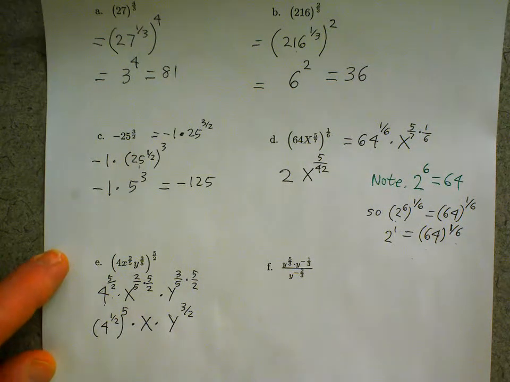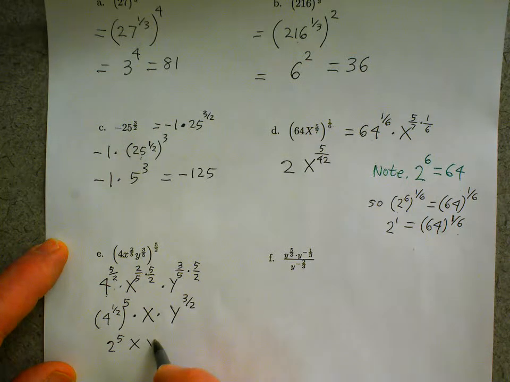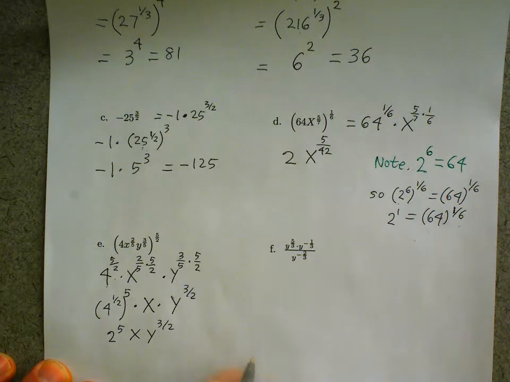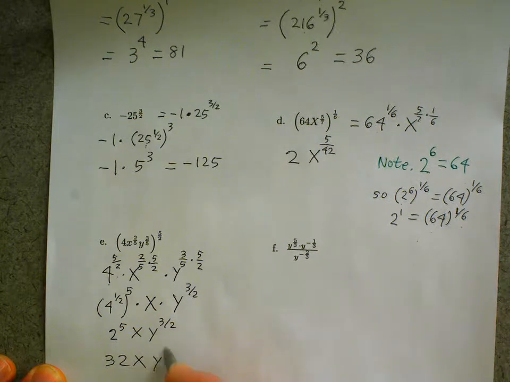Okay, a couple more steps. 4 to the 1/2, the square root of 4 is 2, so we get 2 to the 5th times x times y to the 3 halves. And finally, 2 to the 5th is 32. 2 times 2 times 2 times 2 times 2 is 32. So 32x times y to the 3 halves.